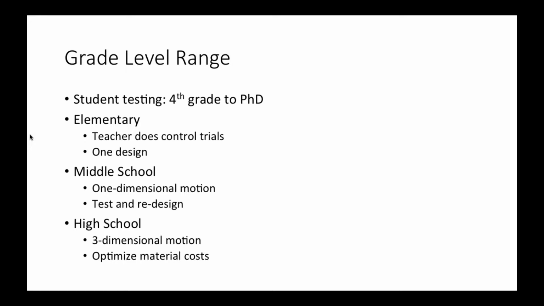So you can add these different engineering challenges to the same activity, and really we see PocketLab being used down in 4th grade classrooms, and we also have people using PocketLab in graduate level engineering classes at Stanford and different universities across the country.